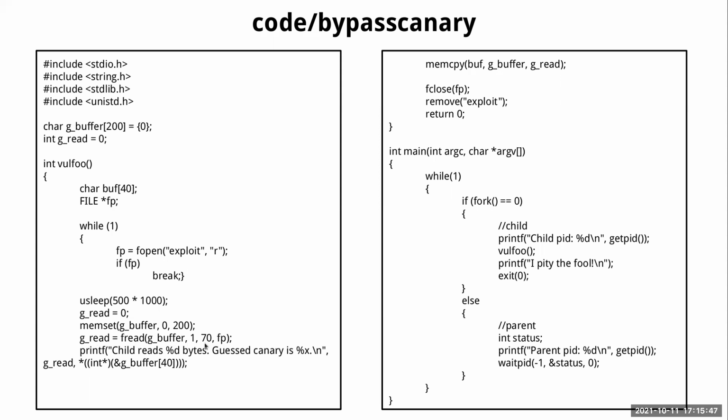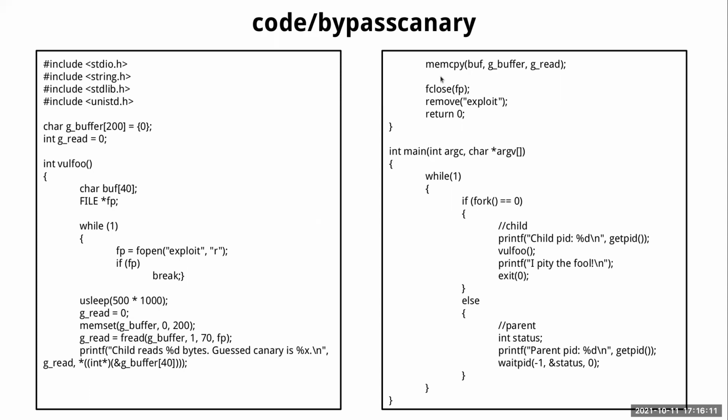After this line, it prints out that the child process read so many bytes, and it's trying to guess what the canary is. It will print out a specific location of that exploit, which is the location of the canary. We will see later why that is the location of the canary.